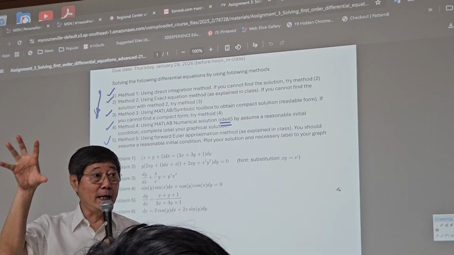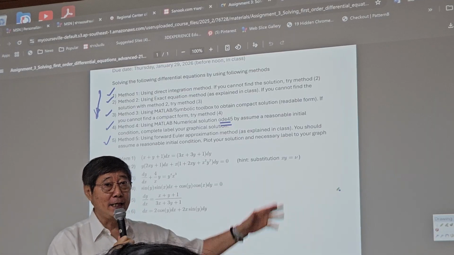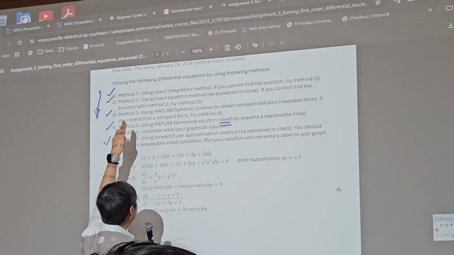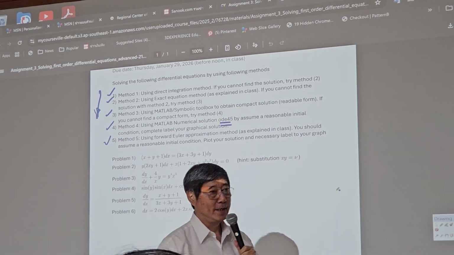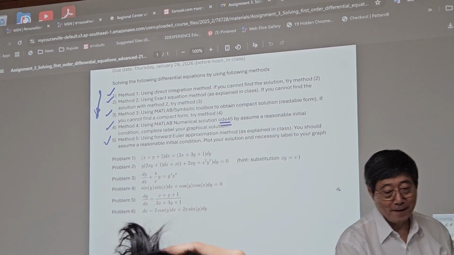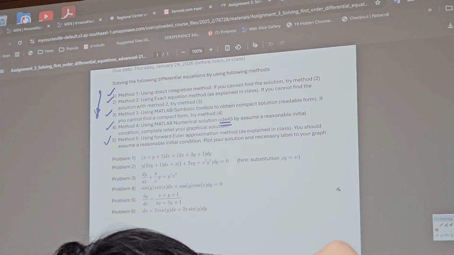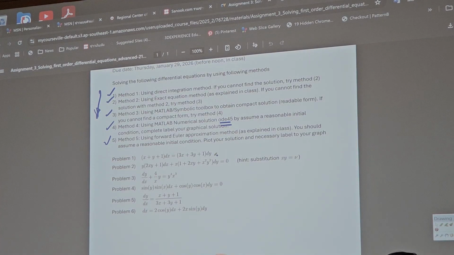Sometimes in an exam, if it says you have to try that one, for example, if problem number one can be done by direct integration, and you say you cannot do it but do it with this one, then instead of 10, you get only 3 points.